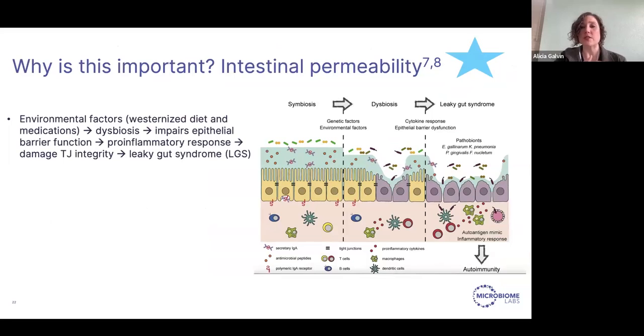So when we're talking about autoimmunity, and we think about the three pillars, or the three legs of the stool, so to speak, it's having someone who has a genetic predisposition, something that runs in their family; an environmental trigger, whether that be the westernized diet, a medication, or a pathogen they become exposed to; and then leading to things like dysbiosis, intestinal epithelial barrier dysfunction, a more inflammatory response, damaging intestinal tight junctions.